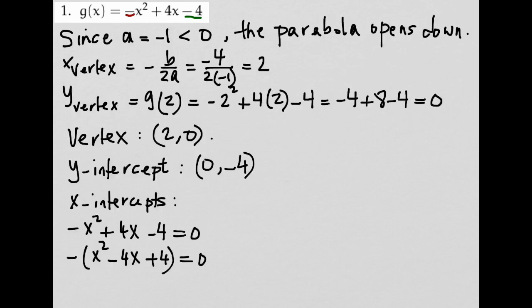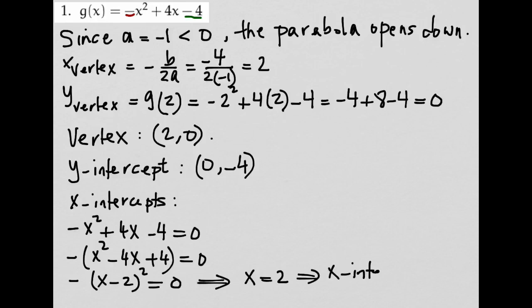We can solve this quadratic equation using the quadratic formula, but an easier way is to notice that the expression on the left is equal to minus (x minus 2) squared. That's equal to 0, which tells us that x equals 2. And this tells us that the x-intercept is given by (2, 0).